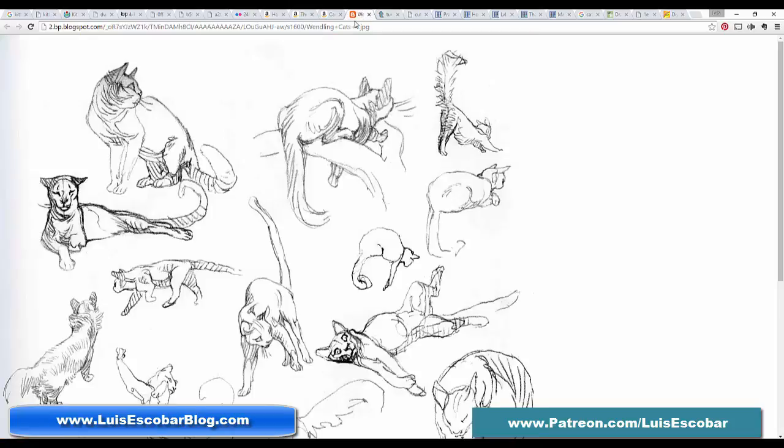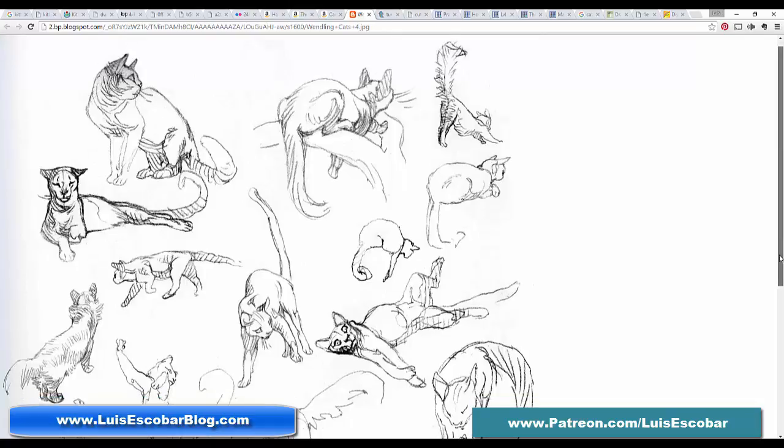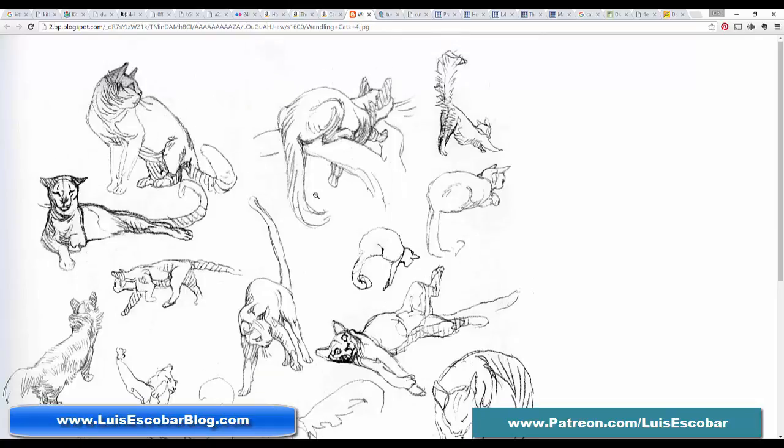Let's take a look at Claire Wendling. Claire Wendling is one of my all-time favorite artists ever, and she loves to draw cats, and she draws amazing cats. So you see this cat here. Not a lot of fur. This is maybe the pattern of the cat here, or it could just be defining the roundness of the neck.